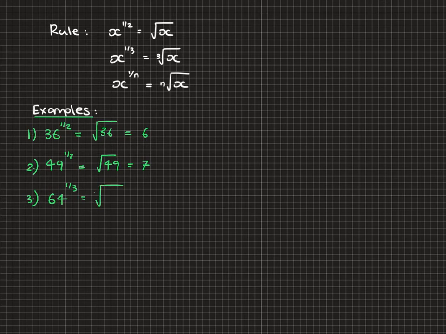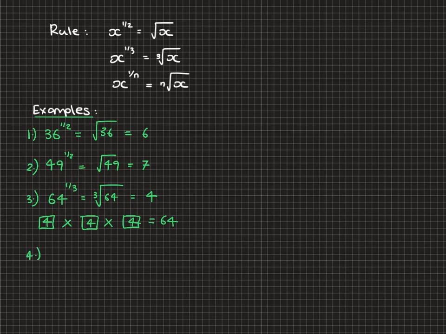The cube root of 64. So which number multiplied by itself again gives us an answer of 64? That's what the question is, and of course the answer is 4. 4 multiplied by 4 is 16, multiplied by 4 again is 64. So it's the cube root of 64.